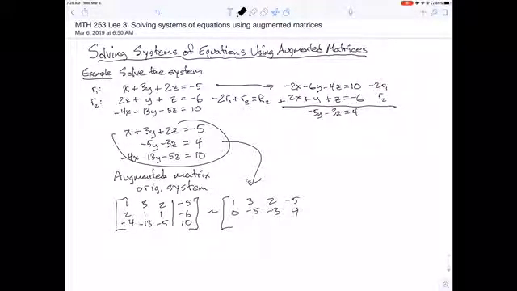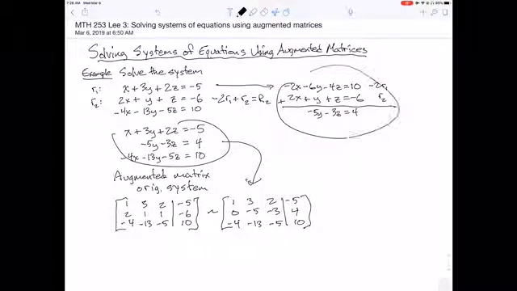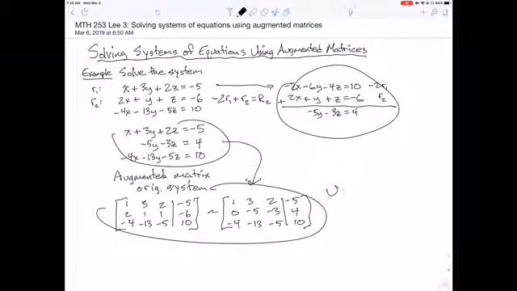And then the third equation would be negative 4, negative 13, negative 5, and 10, square that out. And so the little twiddle symbol that you see between the two is showing these systems are equivalent. I'm not going to write equals because the matrices don't equal each other, but they're equivalent. They refer to the same system overall. So that would be how this process would look in long form.